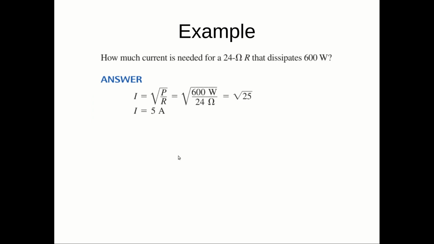Okay, another example, 24 ohm and dissipated 600 watt. What is the current?